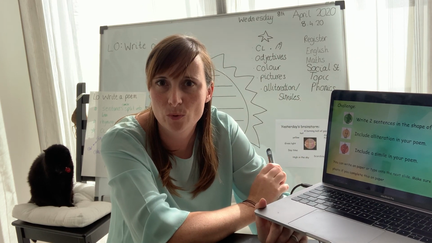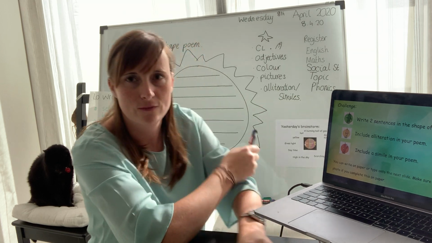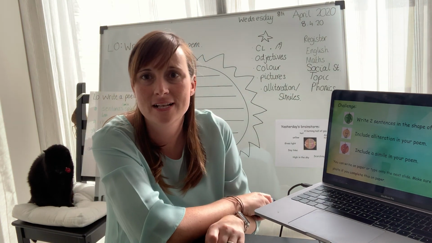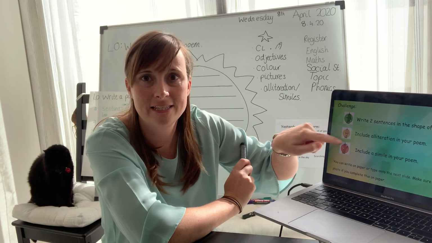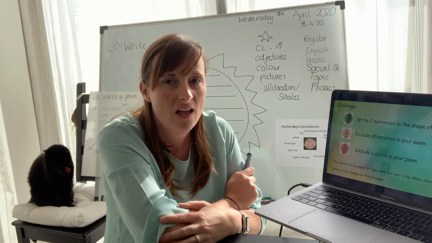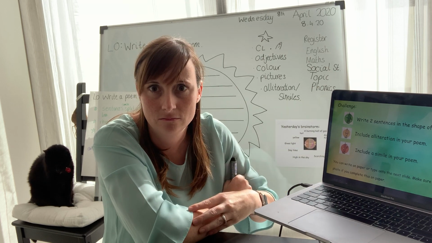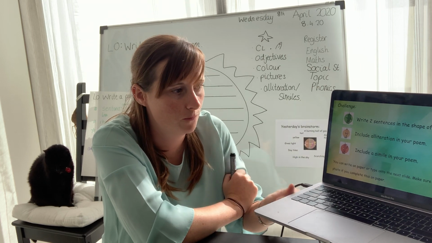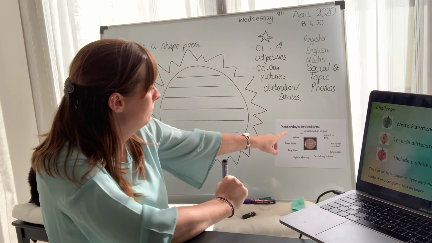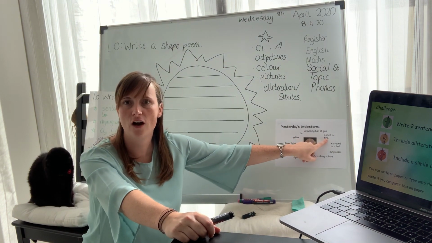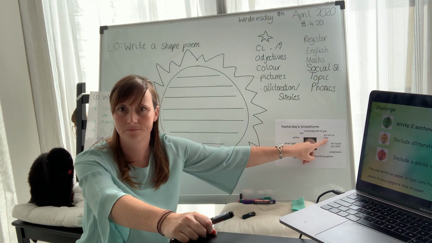Now alliteration, remember, was the same letter. So if I'm doing the sun, I could use lots of s words to make sure that I tick off that element. And then if you really want to challenge yourself, you could try and include a simile. Compare it to something else. And my examples were on my thing. As hot as fire is a type of simile.